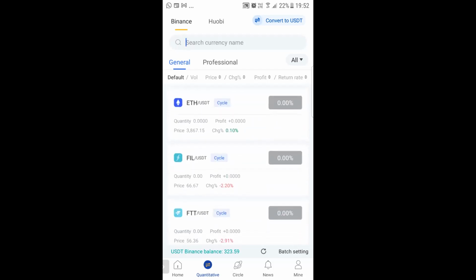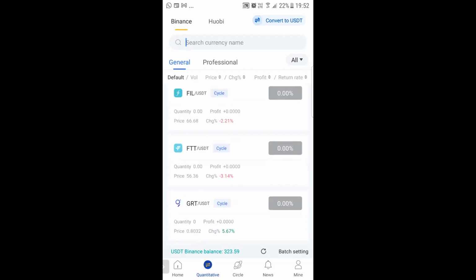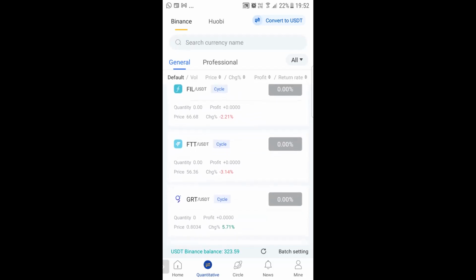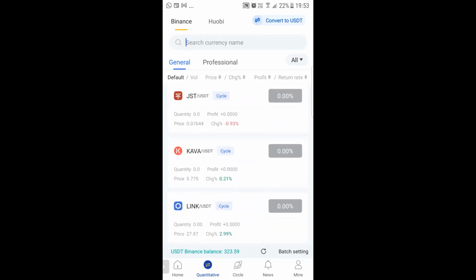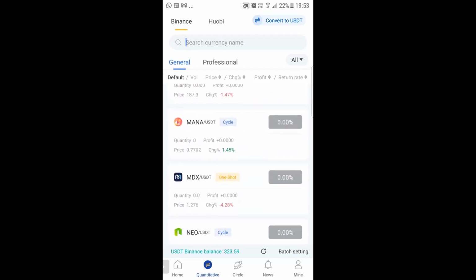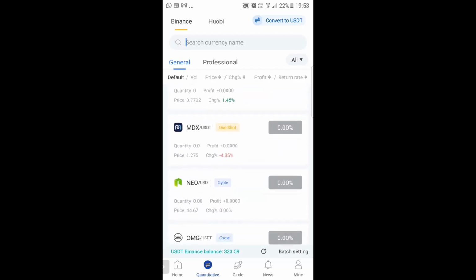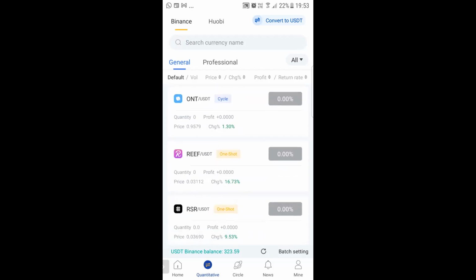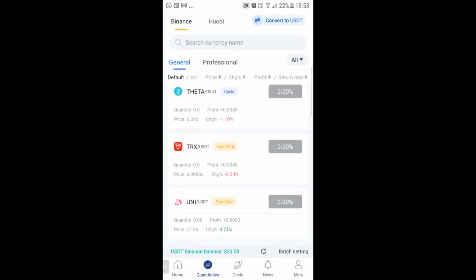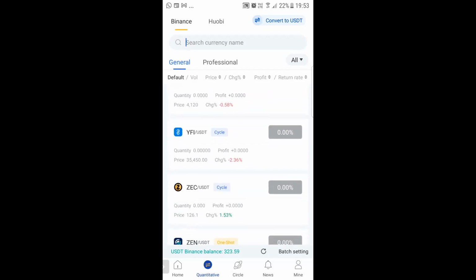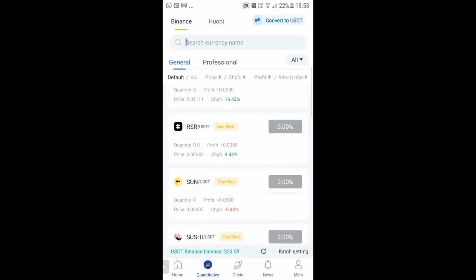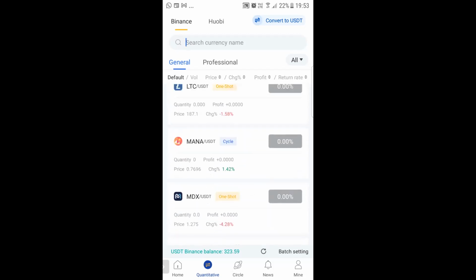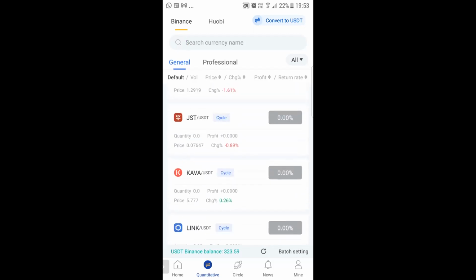I think we're going to trade it. We see 2% on other pieces like FIL, look at FTT, 3 and so forth. I haven't seen any that is above. I'm on Binance. If you check right on the top right corner there, we are on Binance. We don't see any crypto that is above 10. So without thinking much, I prefer that we go straight into the one with minus 10%, so that at least it might go up with us.